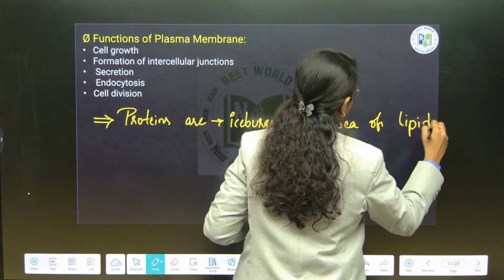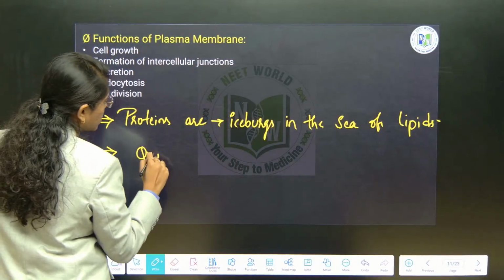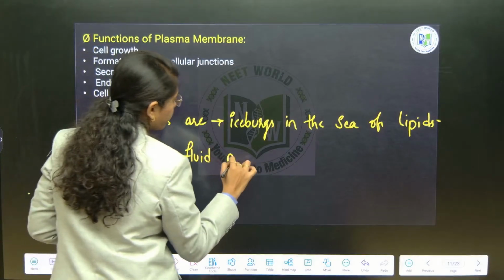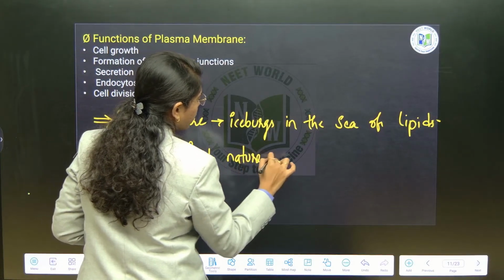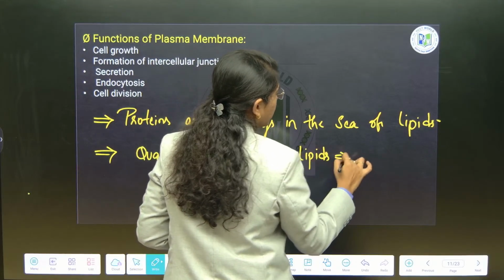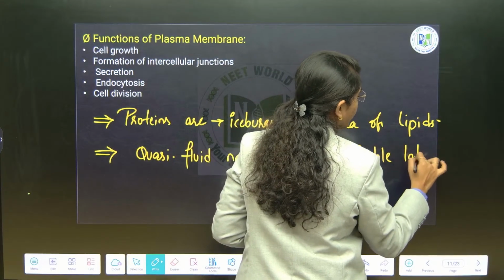And this is the second point you have to be aware of: the quasi-fluid nature of lipid will enable lateral movement of proteins.